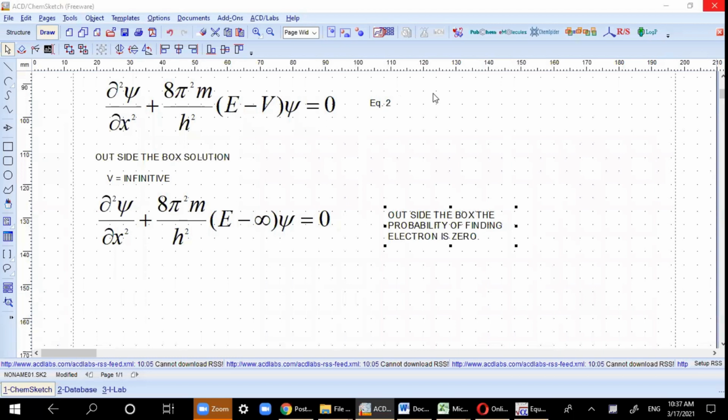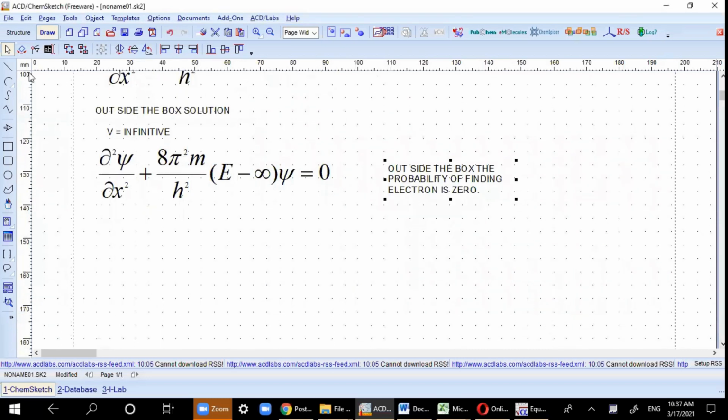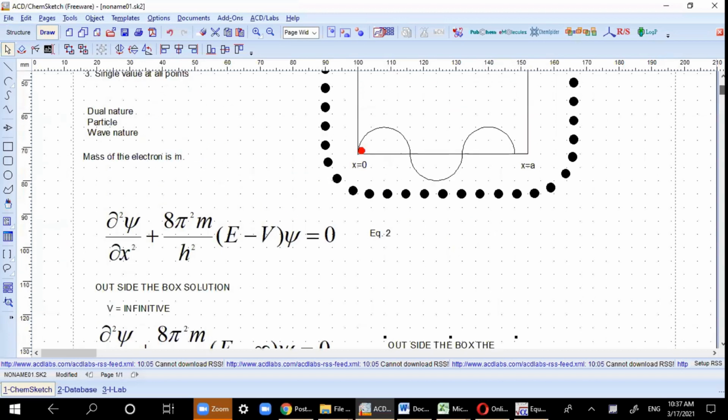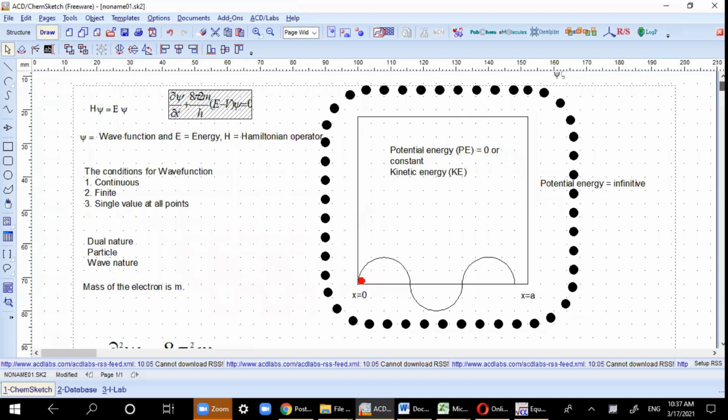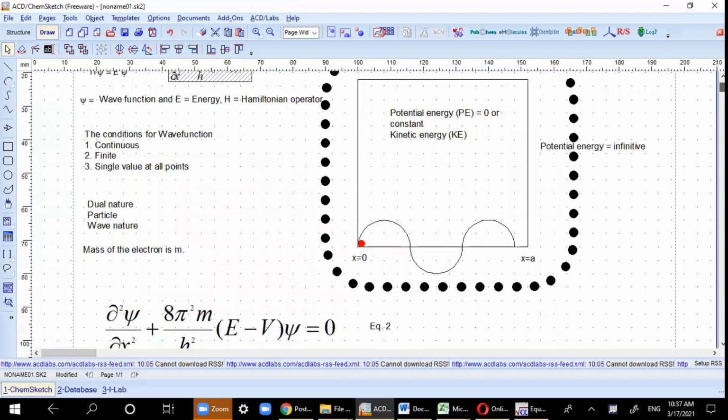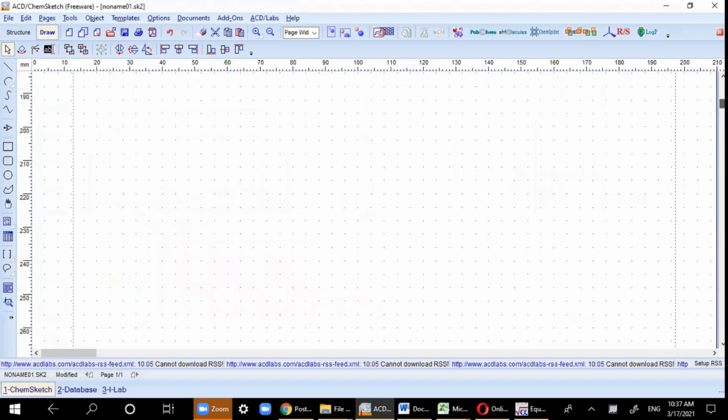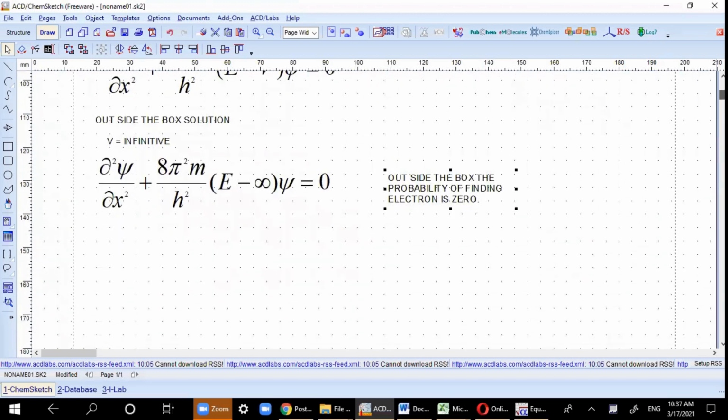Just next, inside the box, let us see. What are the conditions for inside the box? Potential energy is zero, sir. Constant. Okay. Now if you keep the V term as 0, what will happen?